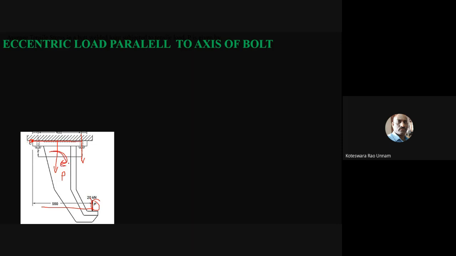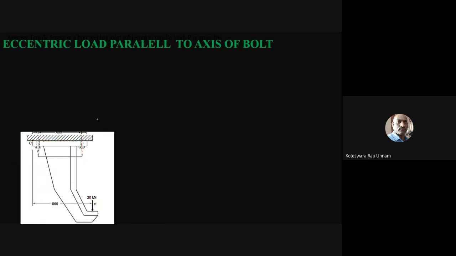This moment is going to be a bending moment and the stress is going to be a bending stress. Because of the direct force there is a normal stress, and because of this moment also there is a normal stress. So these two will create a normal stress in these two bolts. We need to add those two stresses to get the total normal force. Then from that you can find the dimensions of the bolt.